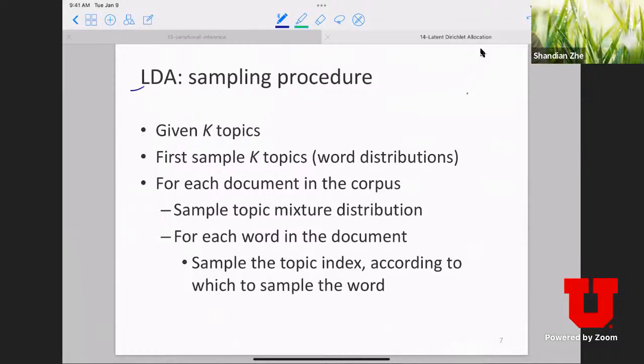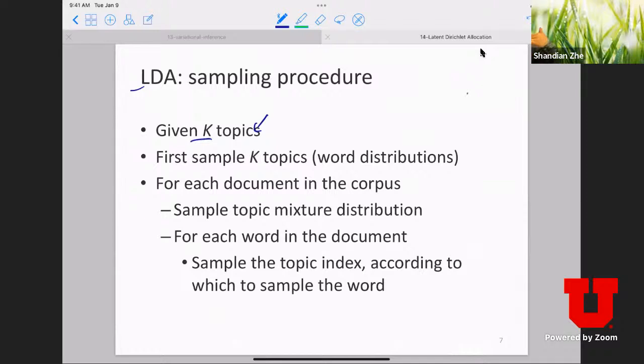So you need to first specify a number of topics. This is like clustering, where you need to specify a number of clusters, K, beforehand. Later, in the advanced topics about LDA, there are some probabilistic models that can automatically identify the number of topics. But here, let us just look at the simple one.